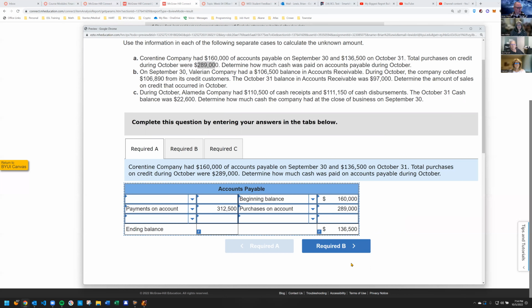Okay. And then total purchases on credit were 289. So effectively, because you're adding to accounts payable, these are your purchases, you're going to put the 289 here. So effectively, you have in this problem, all these are your known variables. And so all you have to do is figure out your unknown.